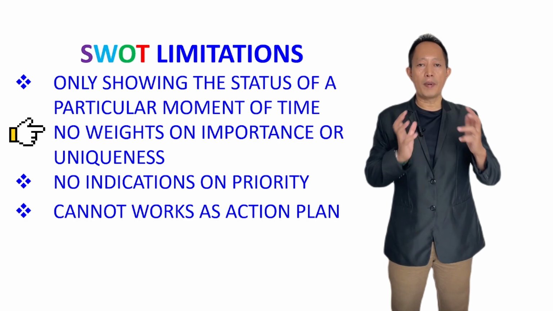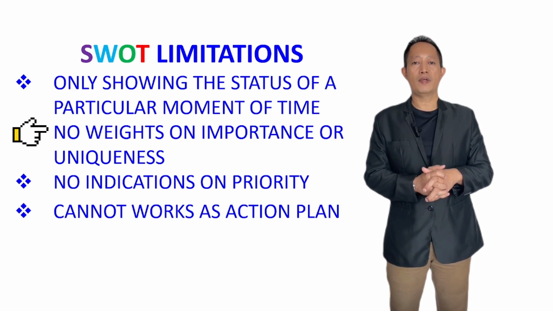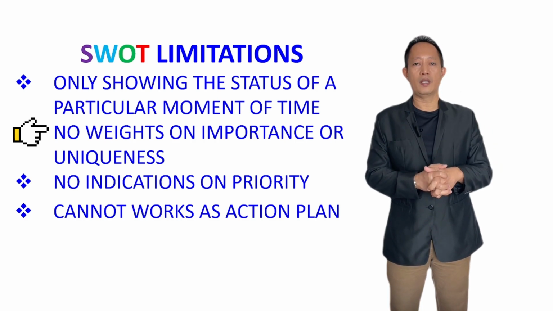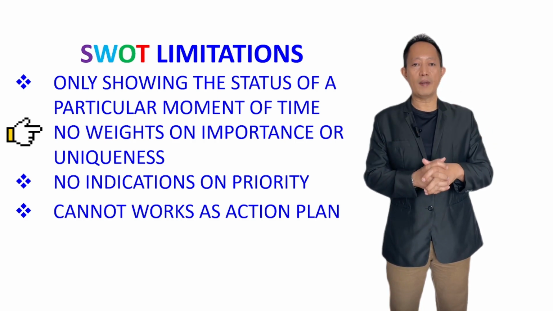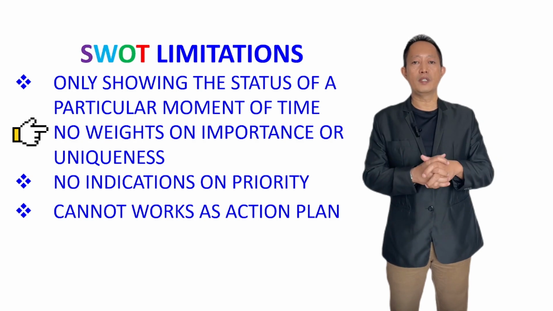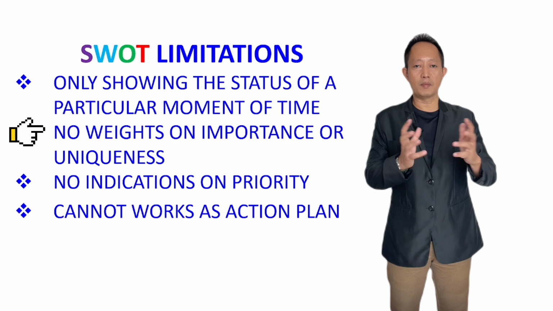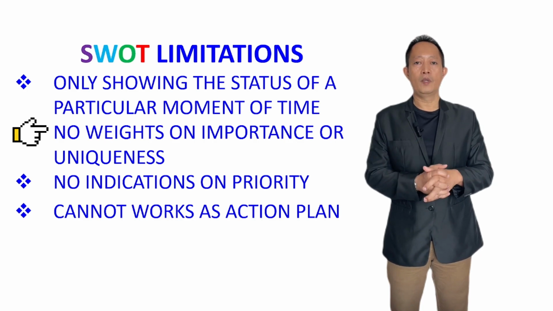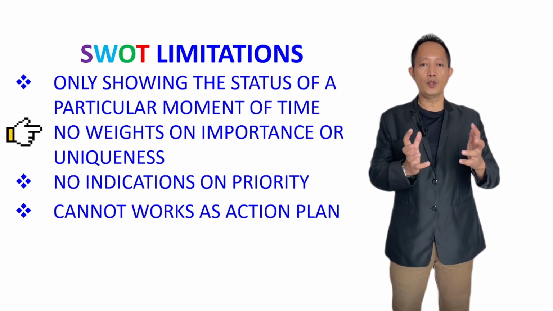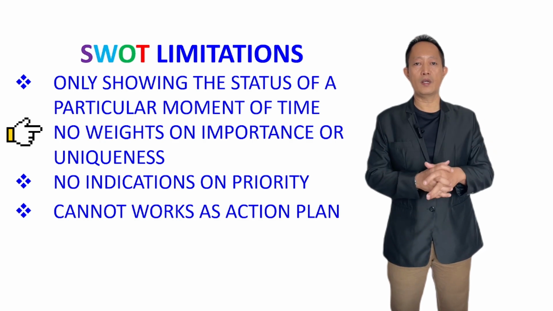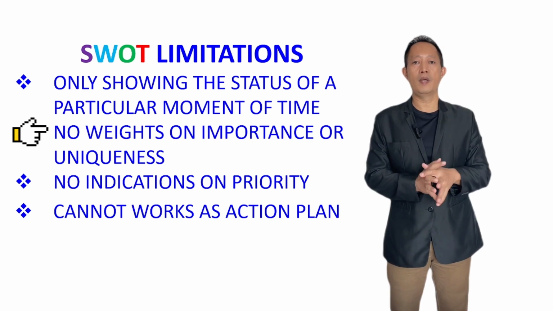You can compare: I speak perfect English and another person will say I speak perfect Arabic. Which one is more important? Speaking perfect English is more important. Why? Because it is more useful. So we have to have a different weight on the importance.